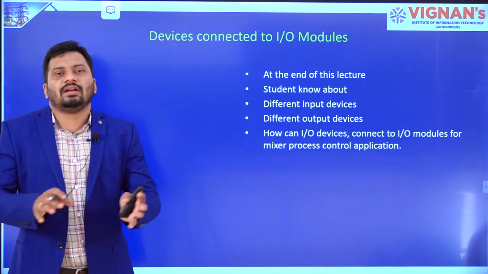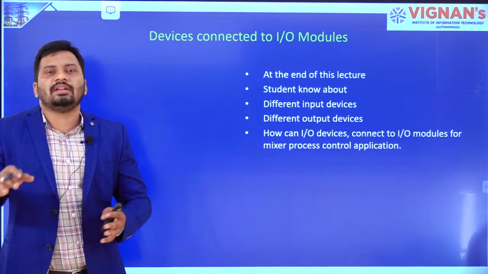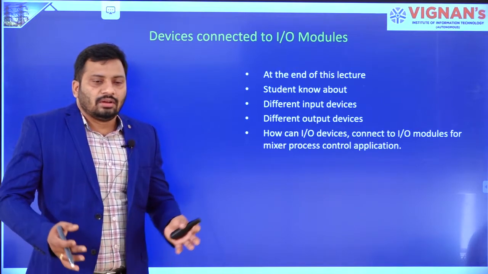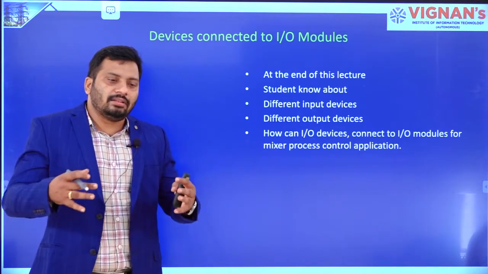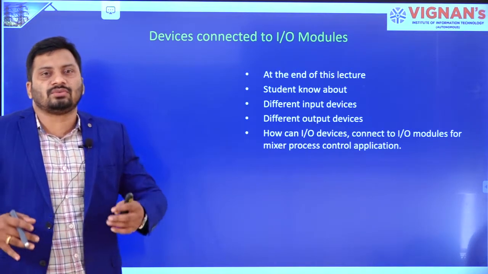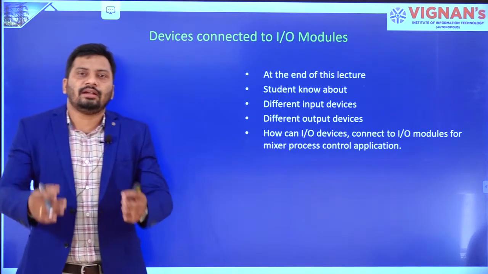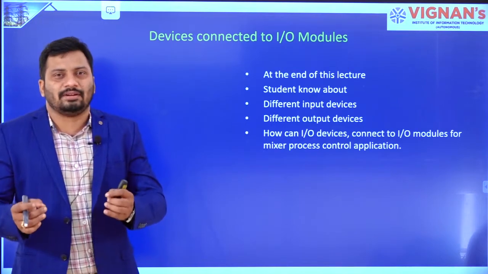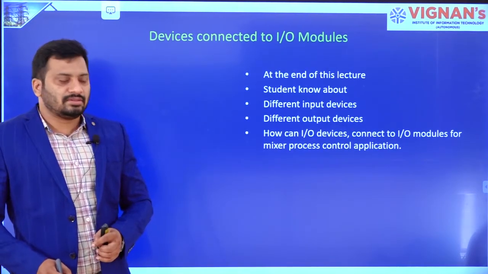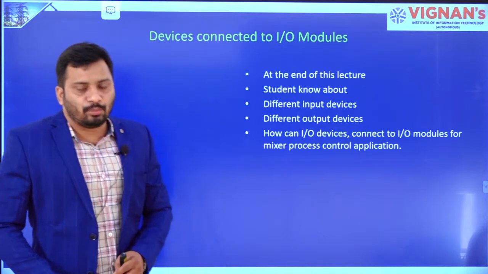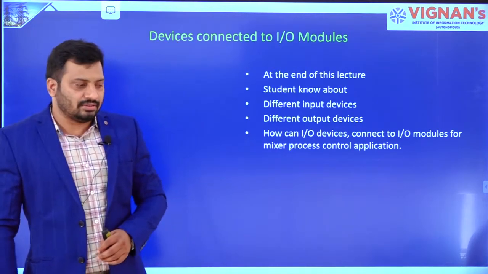That means how any material mixing is performed by connecting input and output devices to the I/O modules, and how you can write a program. We will see a little bit of how we connect to the I/O module for this mixer application.